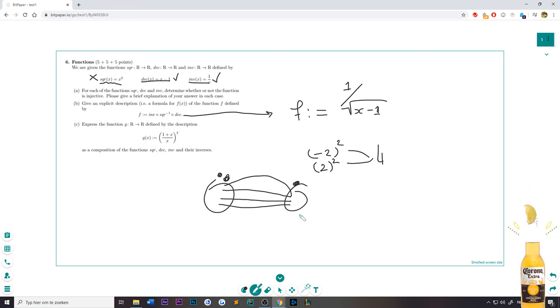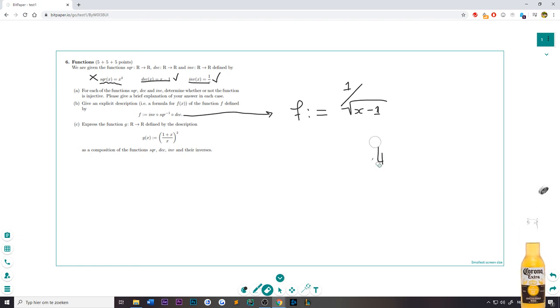You can't have one input and 2 outputs. If you have one input and 2 outputs, you don't have a function. One input always has one output. Yeah, exactly. It won't be a function. What do you mean, the square root? The square root only has one output.